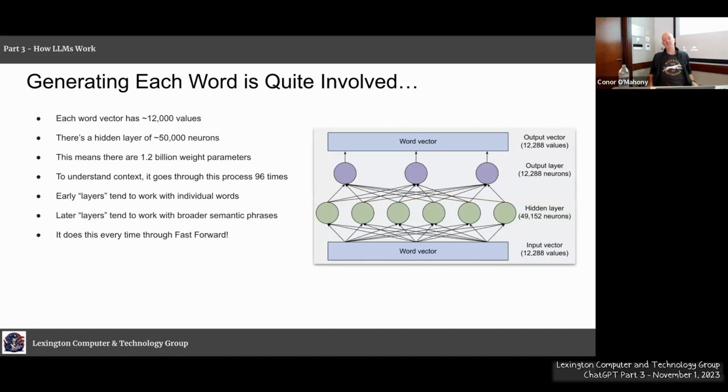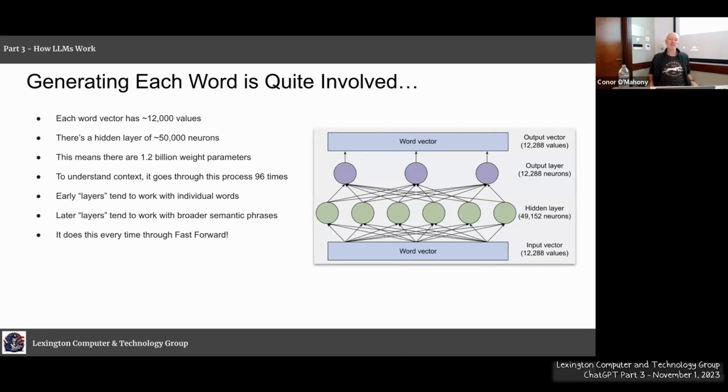So the reason I mention this is I just want to reinforce how many operations are happening every time this is just trying to understand the input and generate one word. So about 100 billion operations for every word.